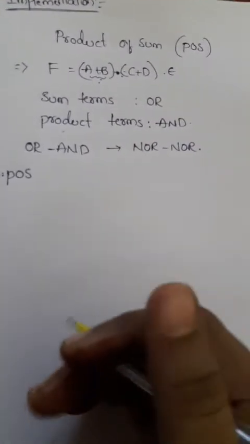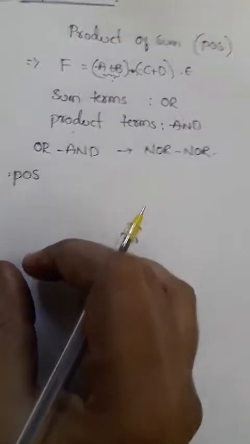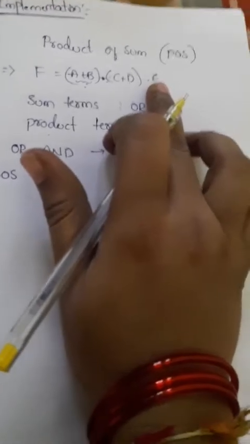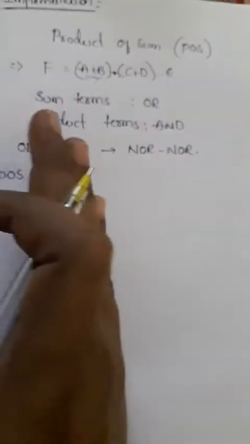The next point: a term with a single variable requires a one input NOR gate.